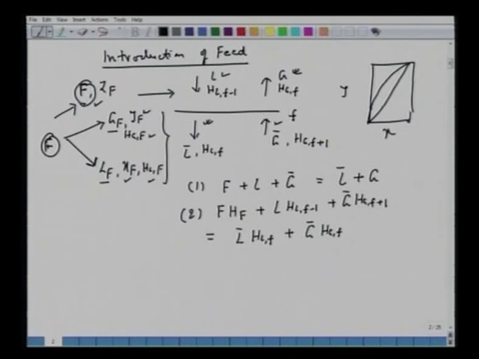Now, of course, we say that F can also be decomposed into GF and LF. So we'll come back to this later.